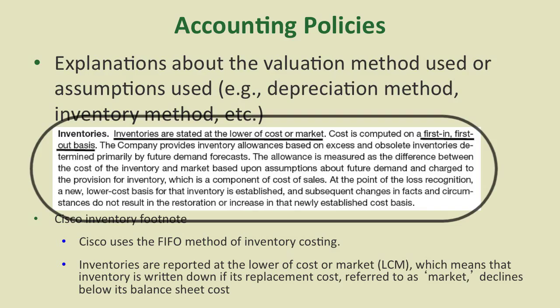The market here is actually estimated based upon the assumptions about future demand and charge the provision for the inventory, which means that if any loss occurs because the market value is lower, then they're going to recognize losses, and this loss will be recognized on the income statement.